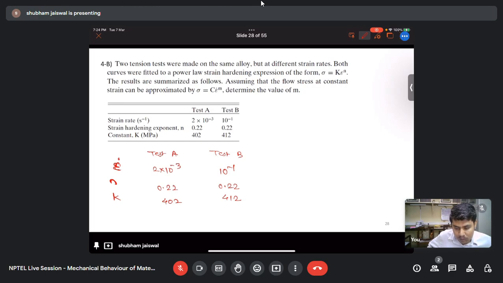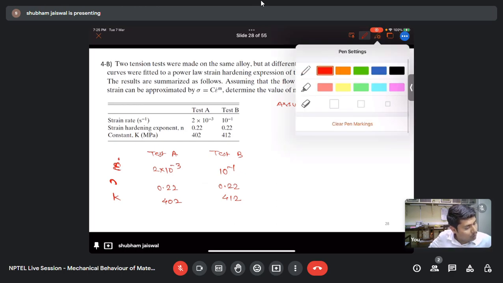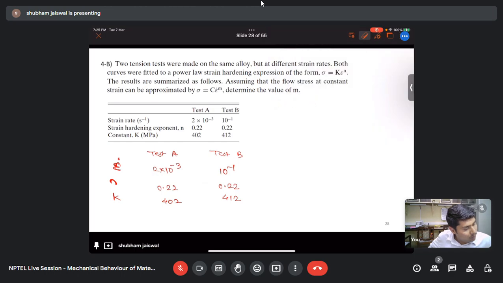Now if we assume the strain in both the states is the same, that is, if we apply the power law at the same strain level, what will we get?